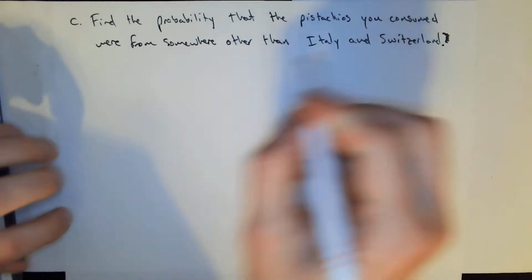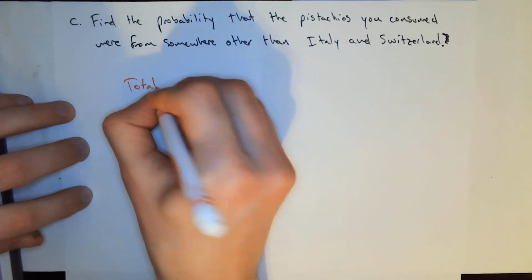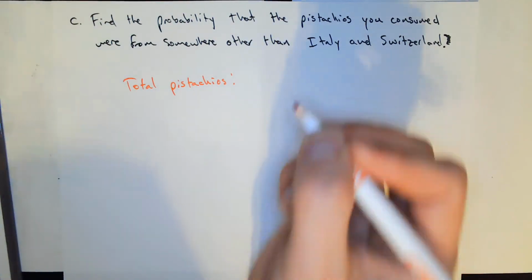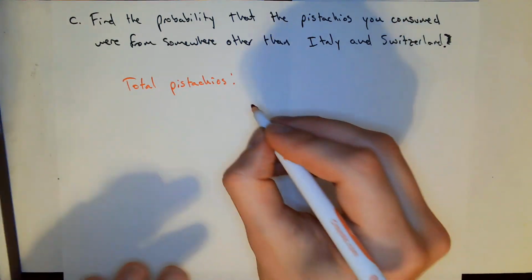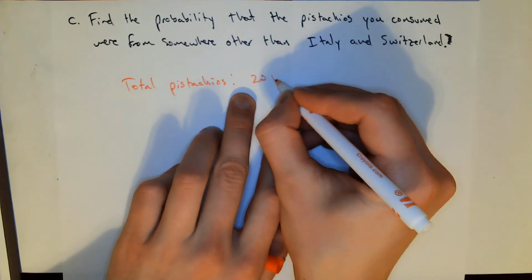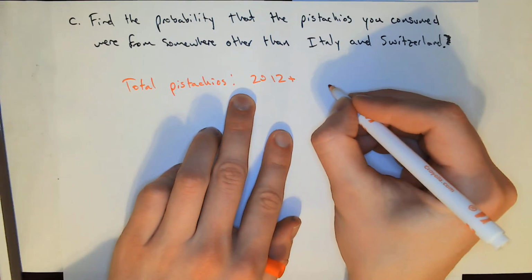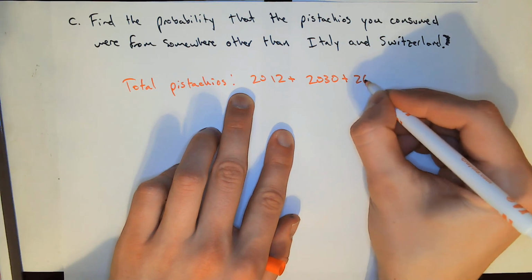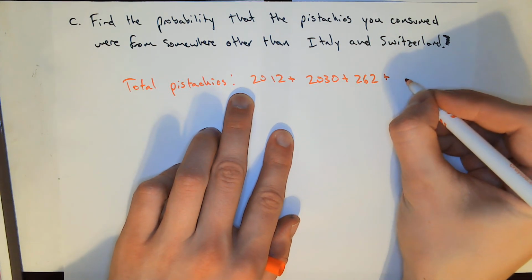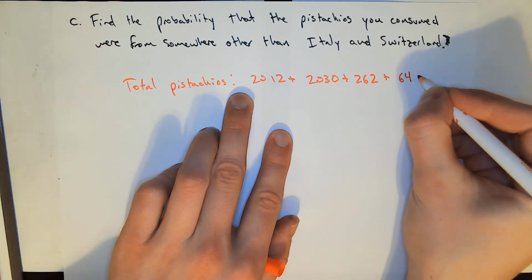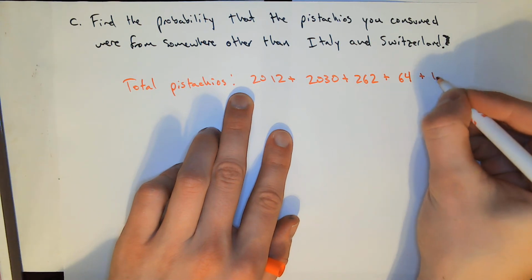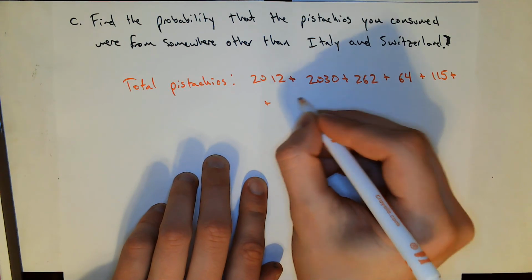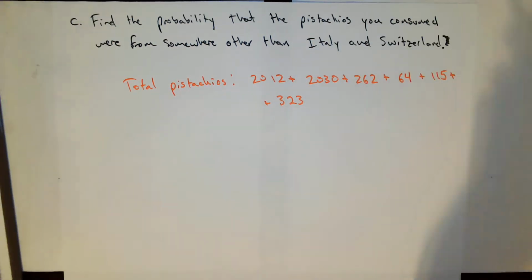But note that we're talking about pistachios this time, so I need to redo my total because it's a different total. So finding the total pistachios, I would add up 2012 from Iran, 2030 from Turkey, 262 from Hong Kong, 64 from Switzerland, 115 from Italy, and 323 from other countries.